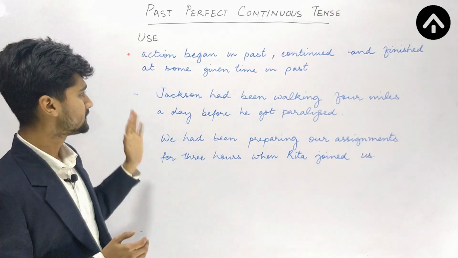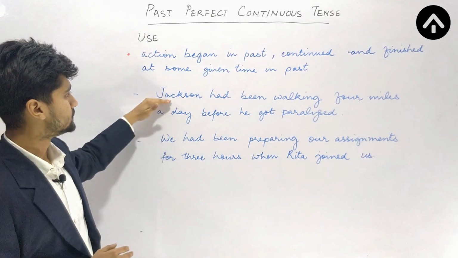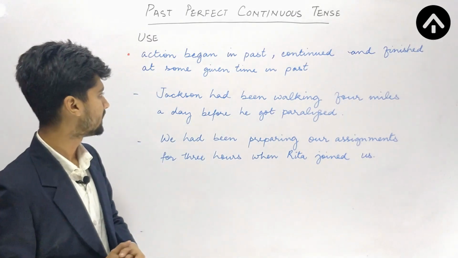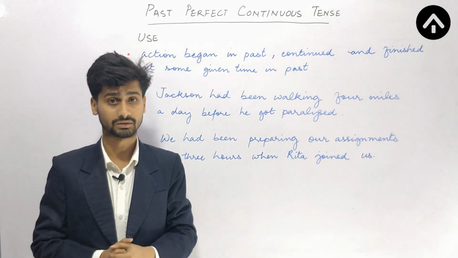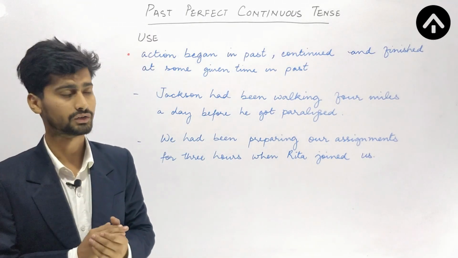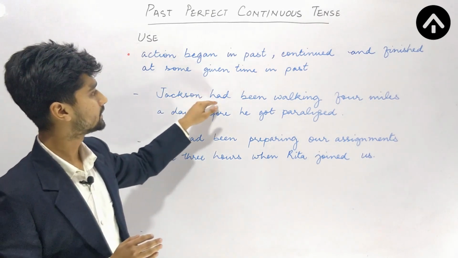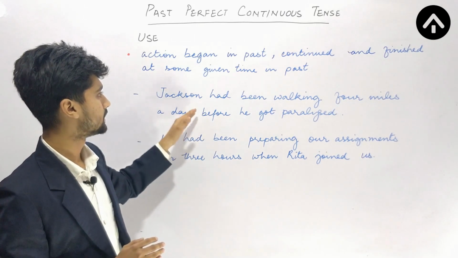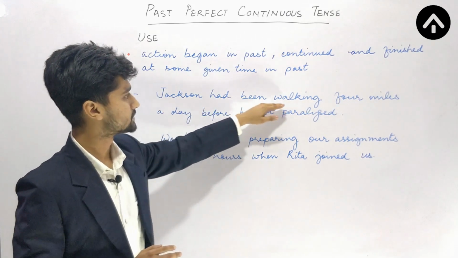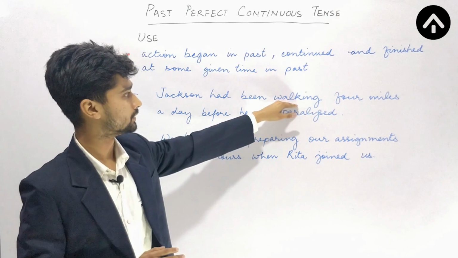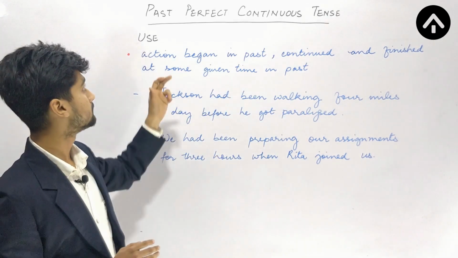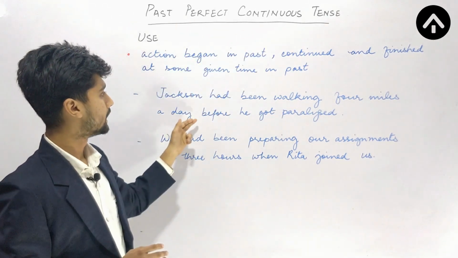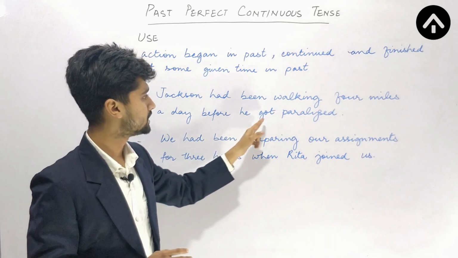Alright, now let's take a look at the example. Jackson had been walking 4 miles a day before he got paralyzed. So here we have two different clauses. First clause is Jackson had been walking 4 miles a day. Here, the action of walking is in past perfect continuous. And the second clause is before he got paralyzed.